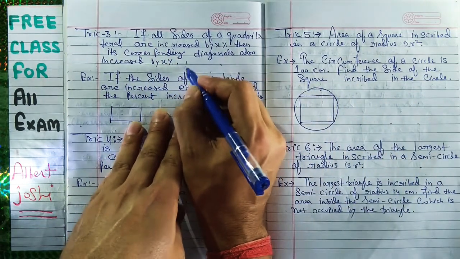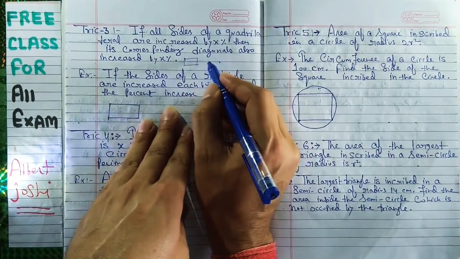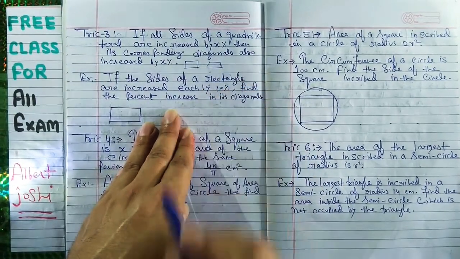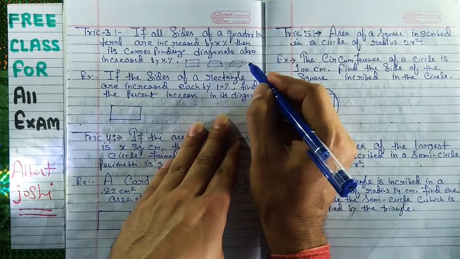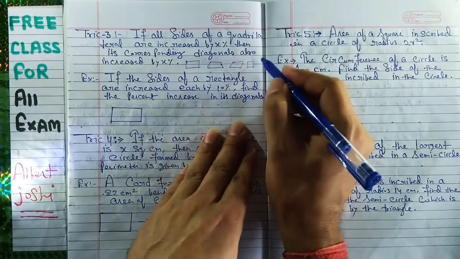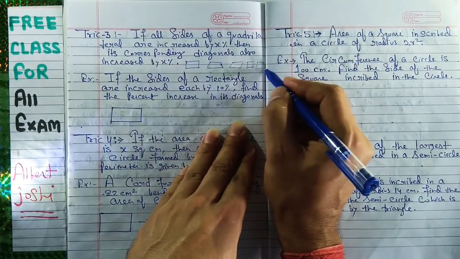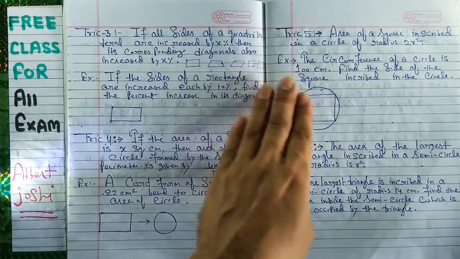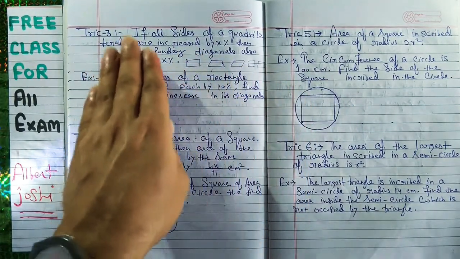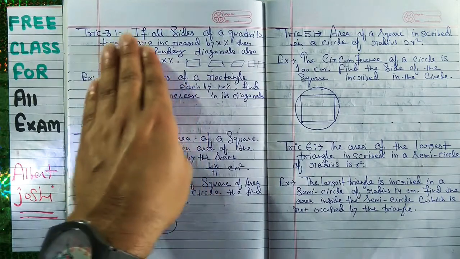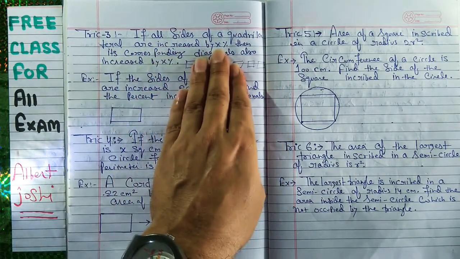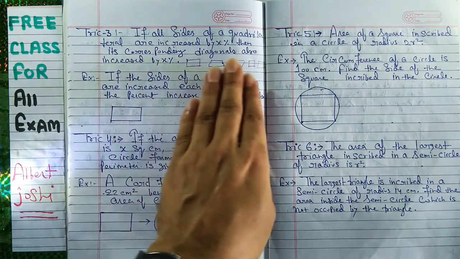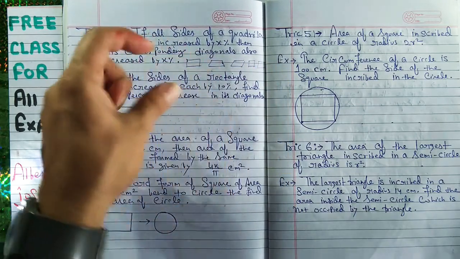So it can be a rectangle, a trapezium, a rhombus, a square, a parallelogram. There are many types of quadrilateral. For such types of quadrilateral, if all sides are increased by x%, then the corresponding diagonals are also increased by x%. You have to remember this.